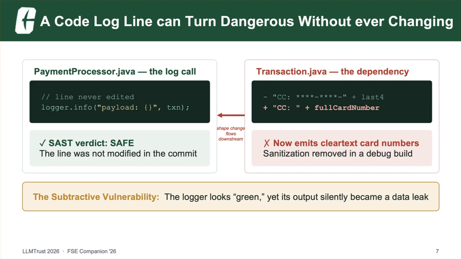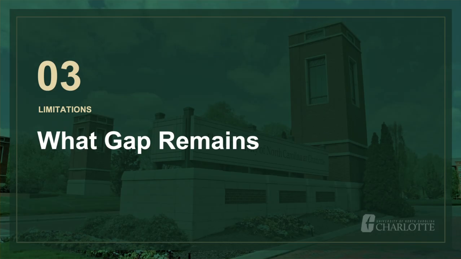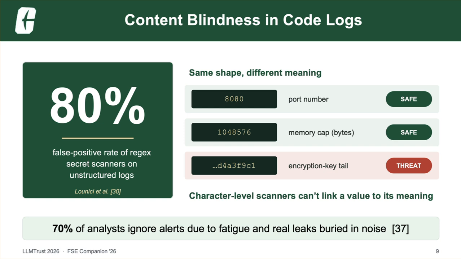Now, why do current tools fail? Standard secret scanners suffer from deep content blindness, yielding up to 80% false positive rates on unstructured logs. Character-level regular expression tools cannot differentiate meaning based on context. For example, a benign port number such as 8080 has the exact same alphanumeric shape as the tail end of an encrypted key.